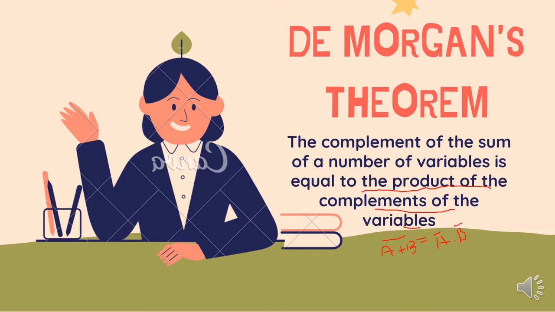So this is the first law of De Morgan's theorem. That is, the complement of the sum of a number of variables is equal to the product of the complements of the variables. In the next slide we will see its truth table.